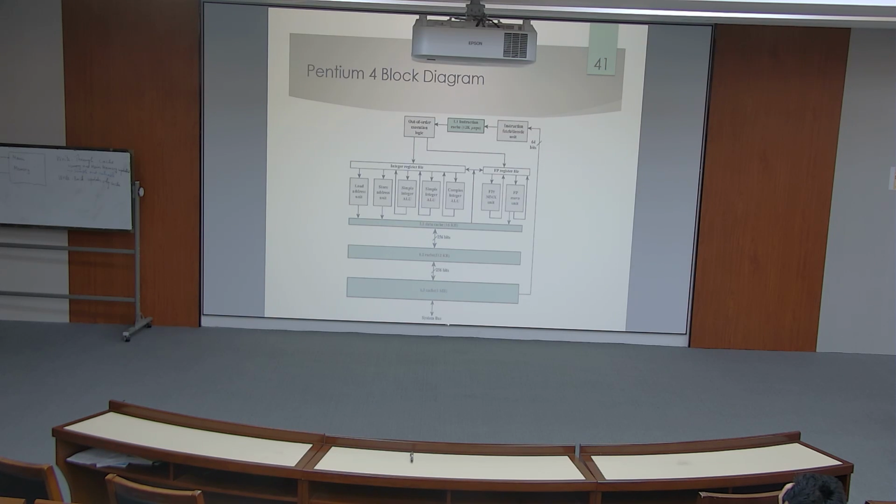So this is an example of a modern central processing unit with the pipeline technique, which can help it execute multiple instructions in the same clock cycle, as we discussed last time.